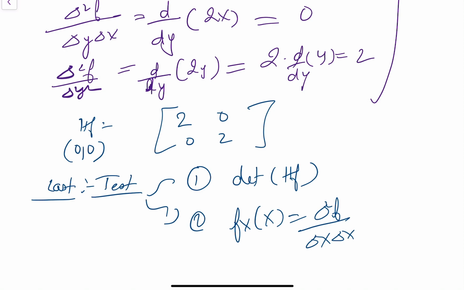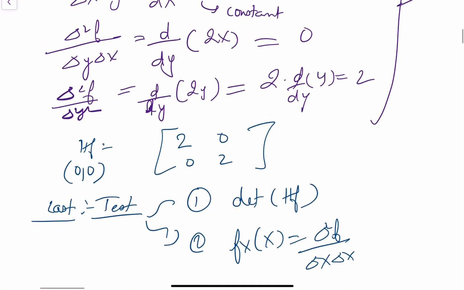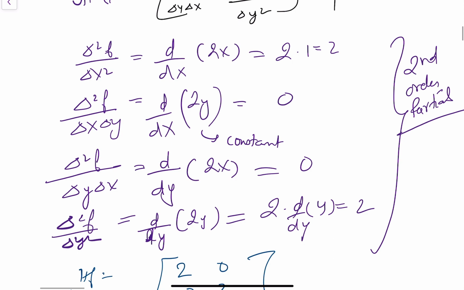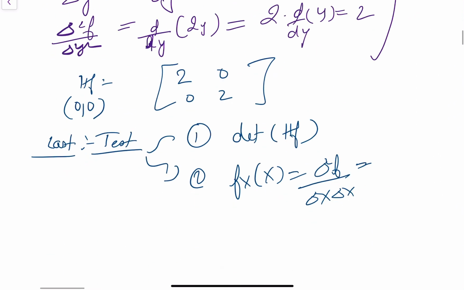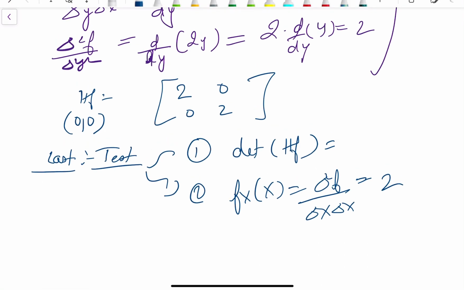I have already computed this second part, which is 2. And what is the determinant of the Hessian matrix? It is 2 into 2 minus 0 into 0. This is what my determinant is, which is 4.